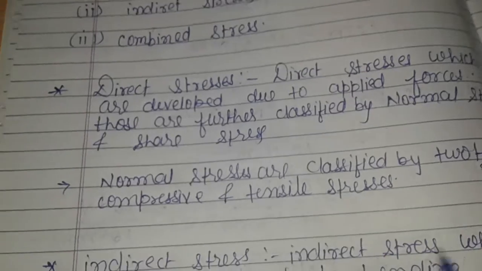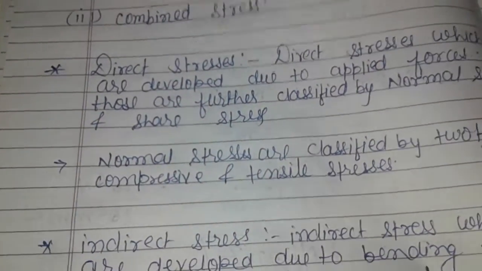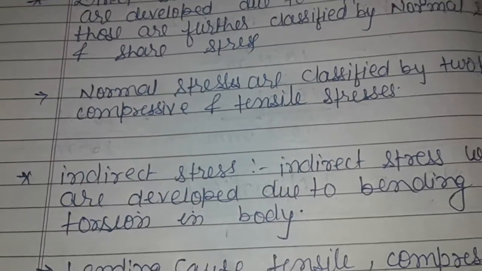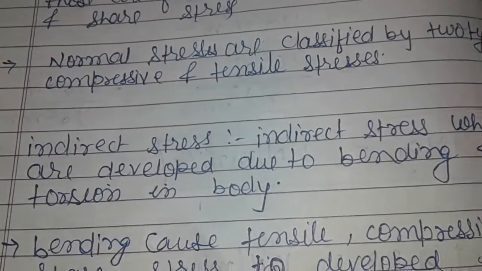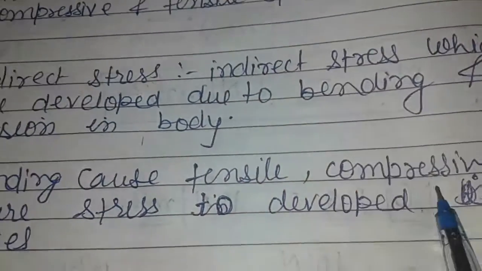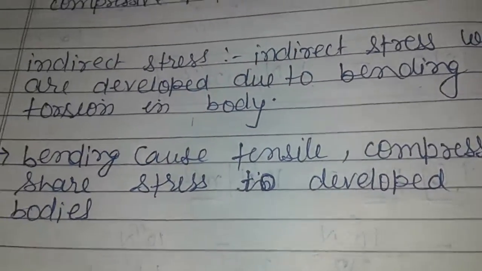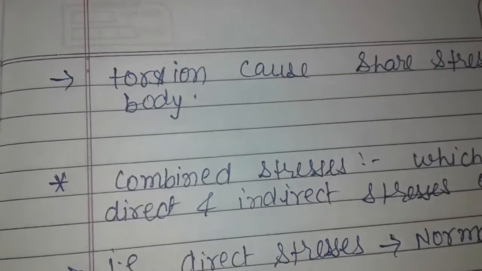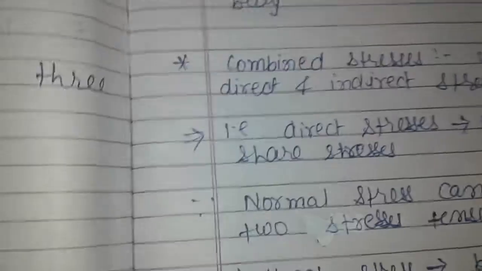Indirect stresses are those developed due to bending and torsion. Bending means tensile, compressive and shear stresses develop in the body, and torsion causes shear stresses in the body.